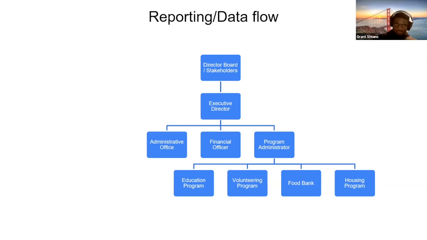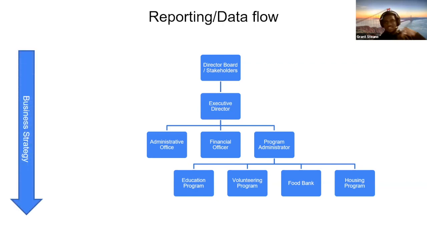So referencing the framework, we have business strategy coming down from the board of directors, your stakeholders, and your executive directors down into the organization, into the different programs. That's where it always starts. It has to start with business strategies and understanding the rules and policies that govern the activities that you are taking in your organization.